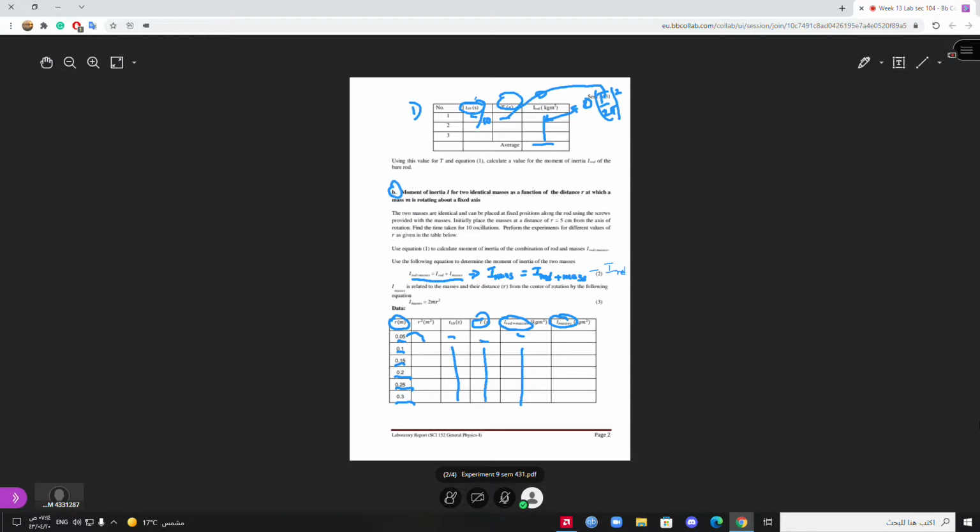What is I rod? This average value is I rod. And this is I rod plus masses. Take this value, subtract, bring this value and substitute here. The difference you will get is I masses. Repeat this experiment for every column.